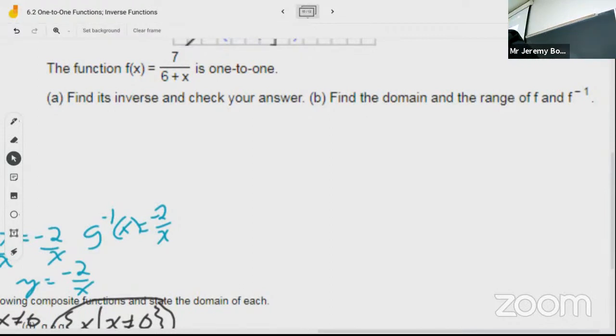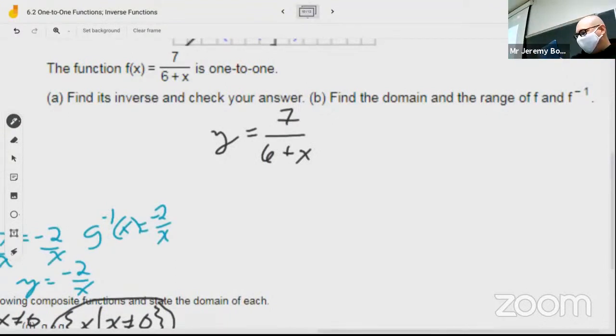So when we're trying to find the inverse, first thing we're going to do is replace the name of the function with y. So we're going to have y equal to 7 divided by 6 plus x. And then we're going to swap the x's and the y's.